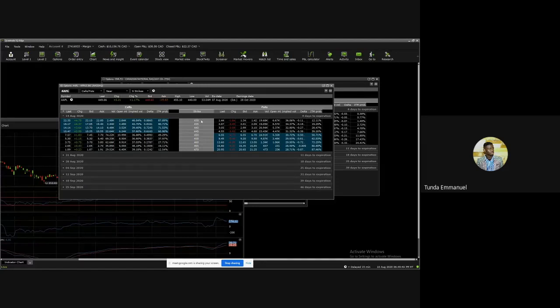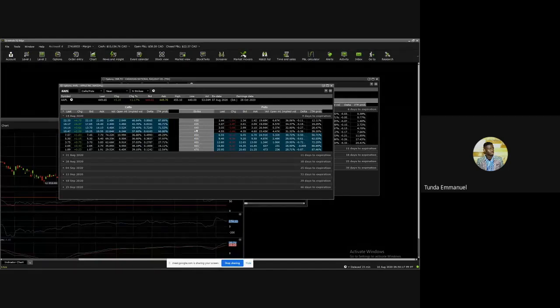As you can see here, ITM probability means the in the money probability. If you buy a 430 right now, you are buying an option which is in the money. If you buy an option at 450, you buy something at the money. If you buy something at 470, because the price has not been reached yet, you buy out of the money.